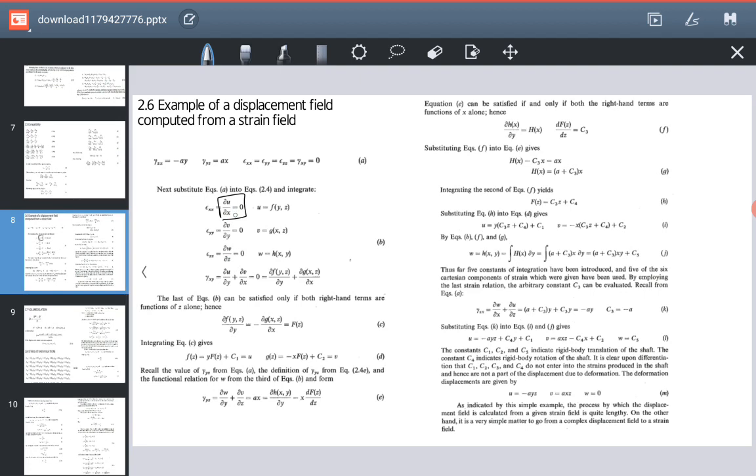So u actually becomes a function of y and z. Similarly, v tends to 0, w tends to 0. So u becomes a function of y and z, because there is nothing in the x direction. And here there is no strain in the y direction, so v will become a function of x and z, and similarly x and y.